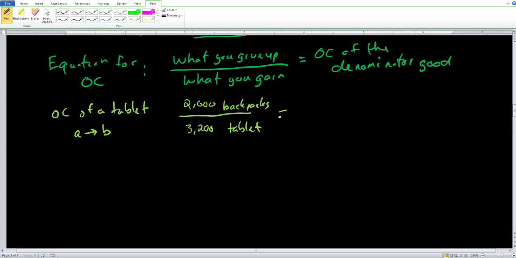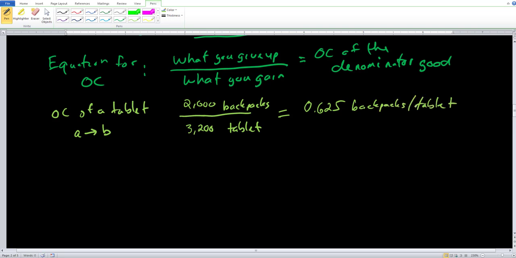Last thing that we want to go ahead and do is try to simplify this as much as possible. So go ahead, pull out your calculator, and once you simplify this, you're going to get 0.625, and we want to keep the numerator and the denominator consistent. This is going to be backpacks per tablet.